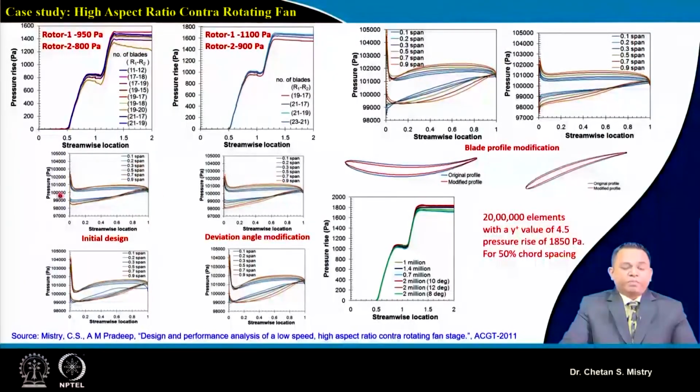This represents different span locations for rotor 1, and this represents aerodynamic loading at different spans for rotor 2. Then slowly we increased our aerodynamic loading as per our expectation to 1100 Pascal and 900 Pascal.